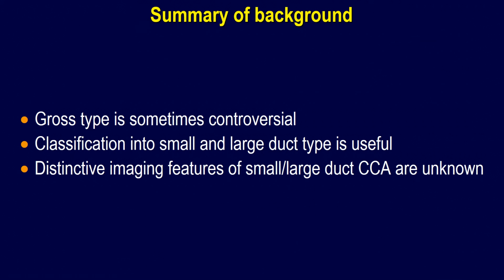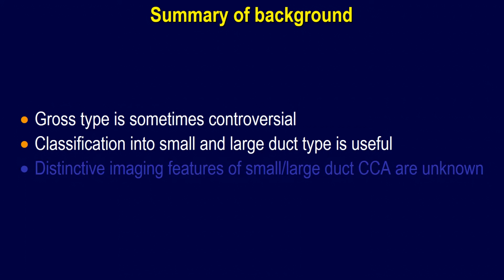So, to summarize the background, classification of cholangiocarcinoma into three growth types is sometimes controversial. Current histological classification into small or large duct type is useful to understand the pathogenesis and evolution of cholangiocarcinoma.